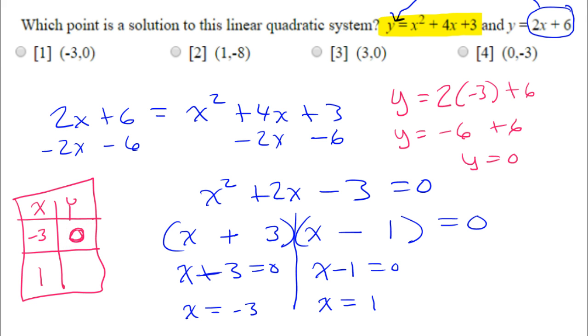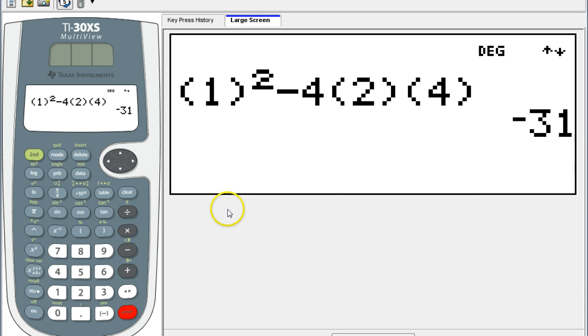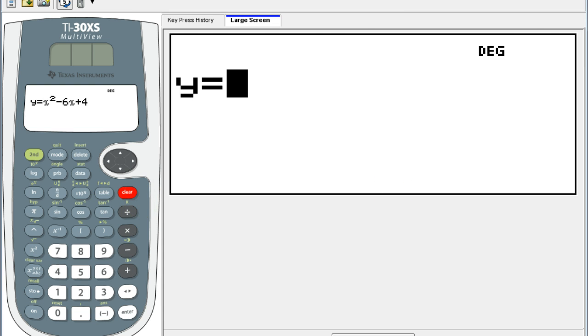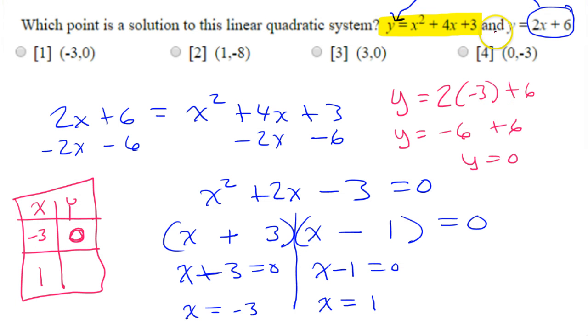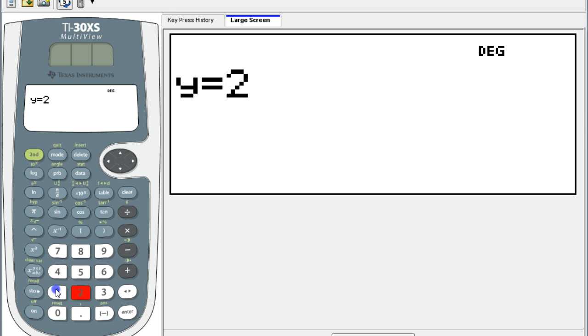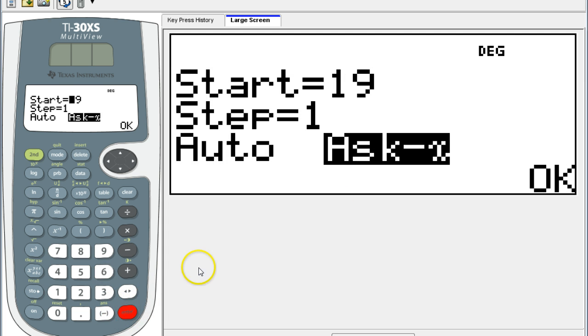If I wanted to use my calculator, I would use my table feature, and really either one of these two equations would do. But I might as well do the easy one, 2x plus 6. So I type in 2x plus 6 and go to my table, and I'm going to use the ask feature.